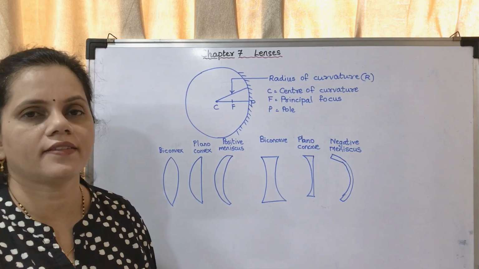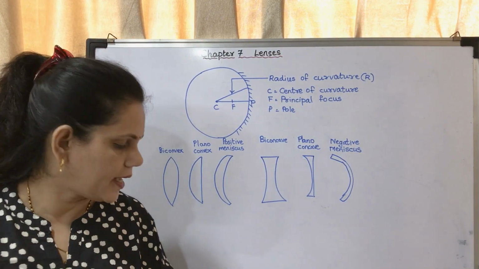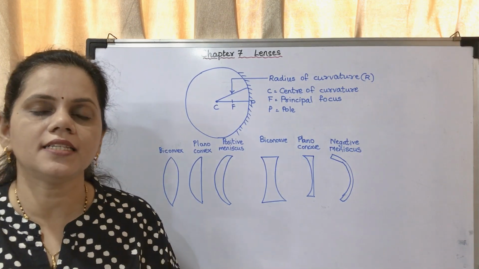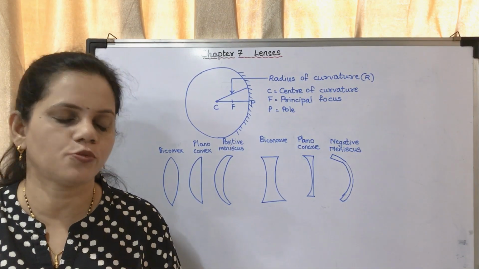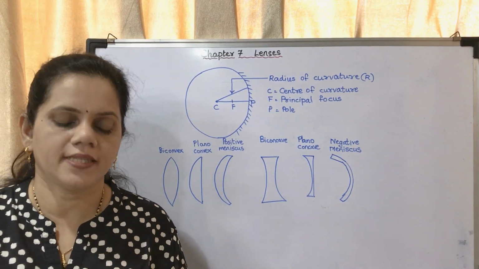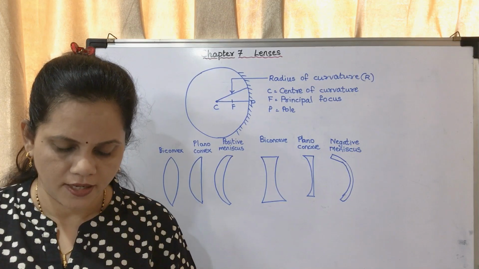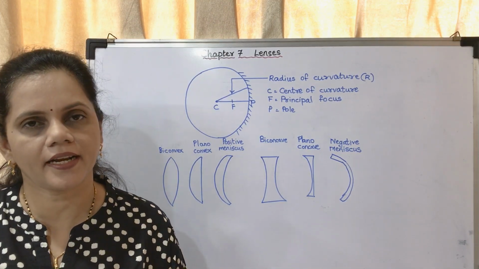This year you have the study of lenses. Now what do you mean by a lens? A lens is a transparent medium bound by two surfaces. You may see on page number 80, third paragraph, you have to underline the complete paragraph.